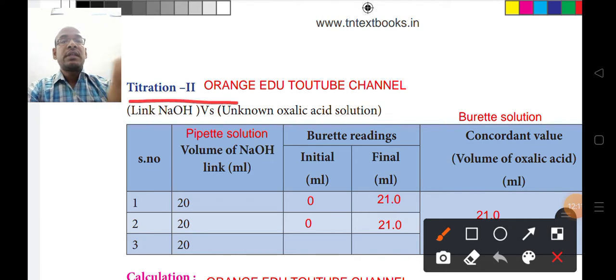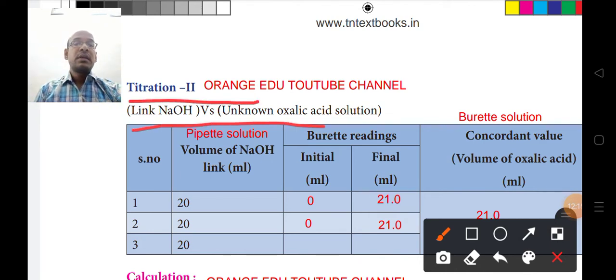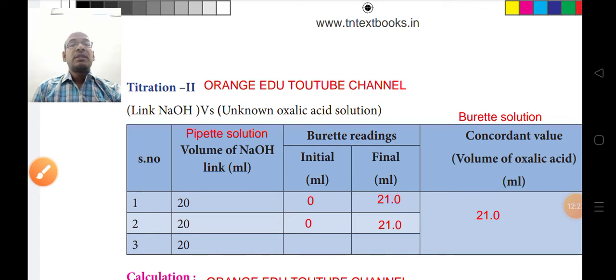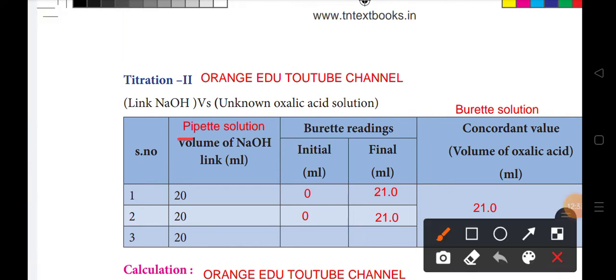Second, the titration 2 calculation part. This is written from the short procedure, that is burette and pipette solutions. Using the short procedure we can write. In this case, second titration, the pipette solution is 20 ml.